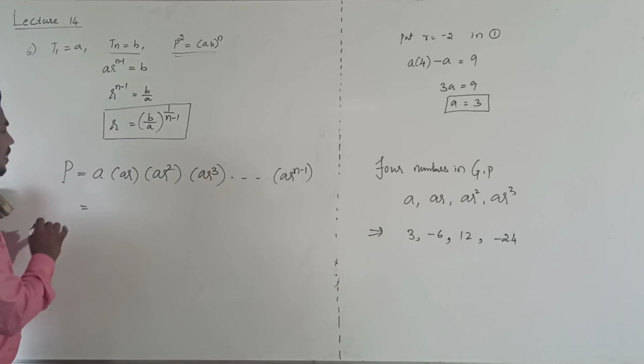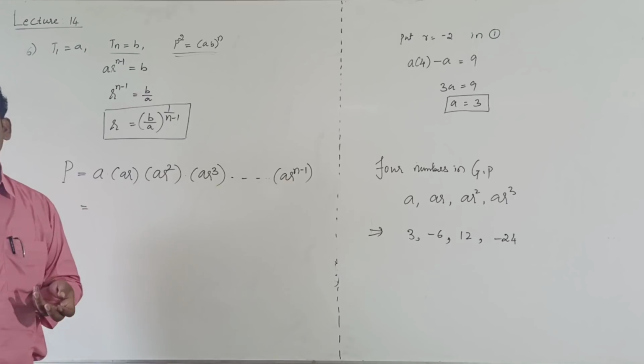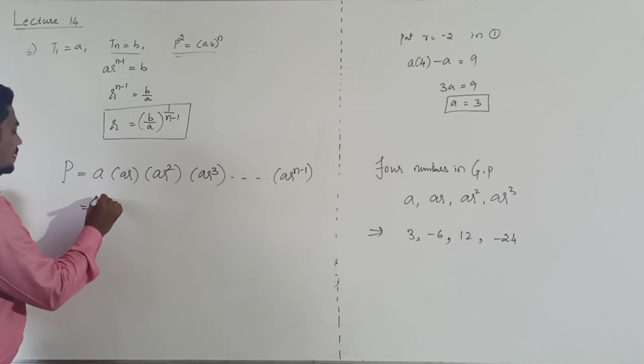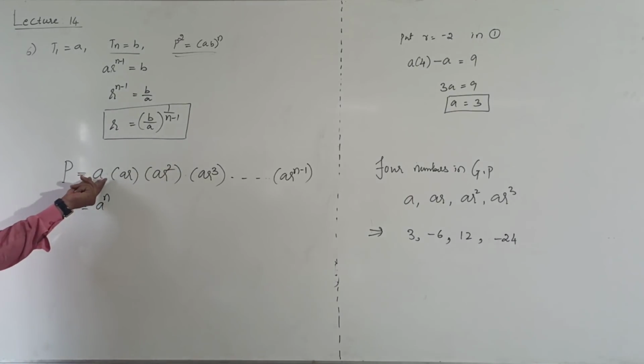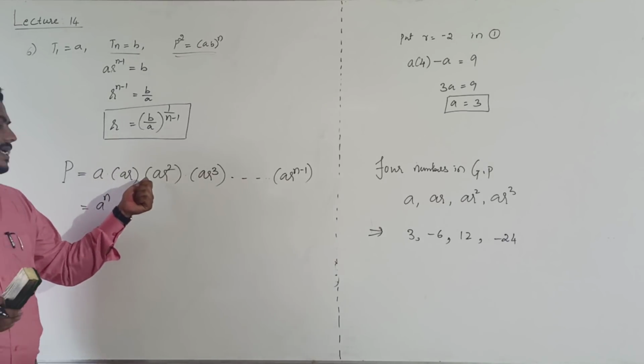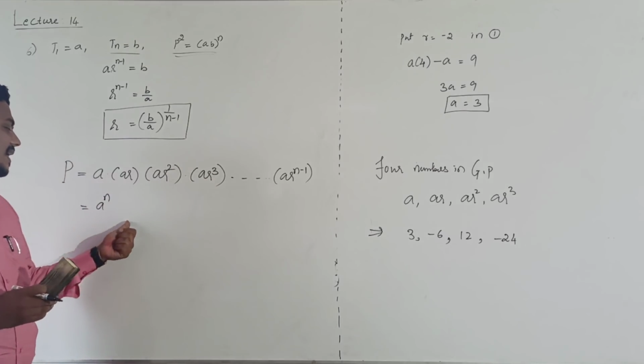Now a into a into a, repeated n times, means their product is a^n.